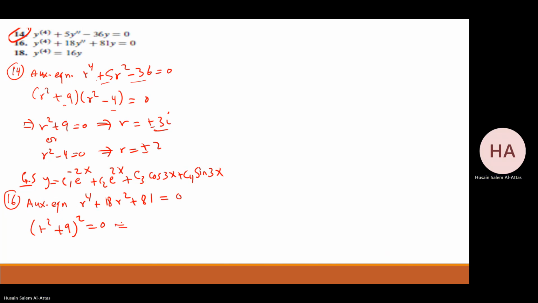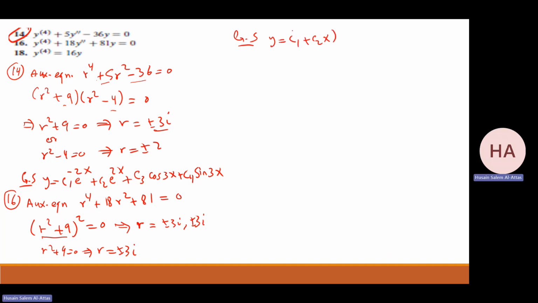So how to solve this? r is plus or minus 3i, but I have it 2 times. So it will be my general solution: y equals c1 plus c2x times cosine 3x plus c3 plus c4x times sine 3x, because it's repeated.